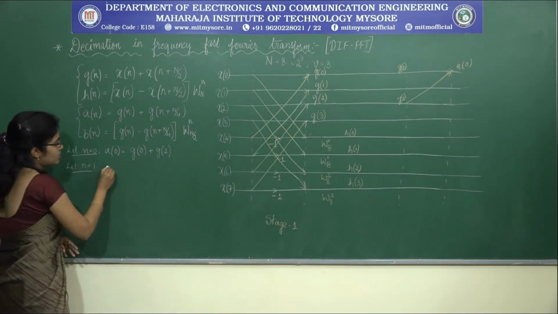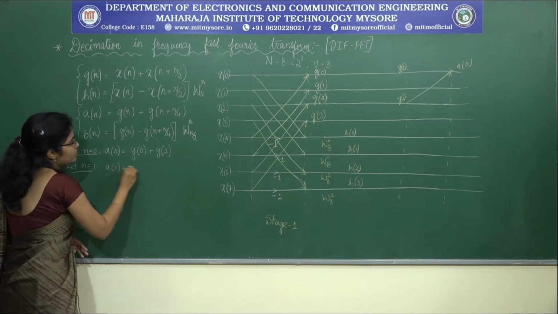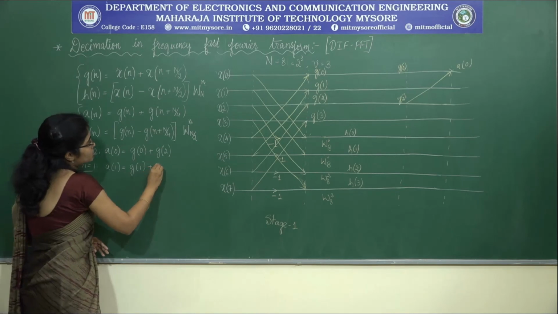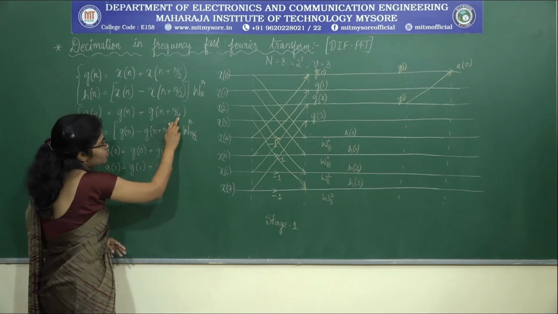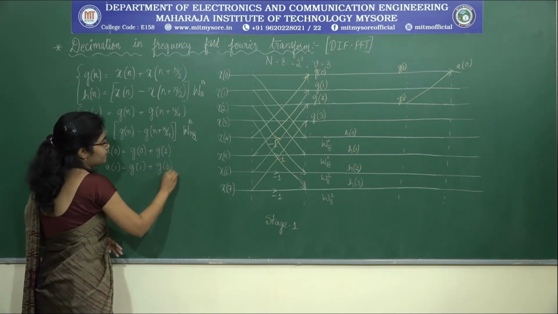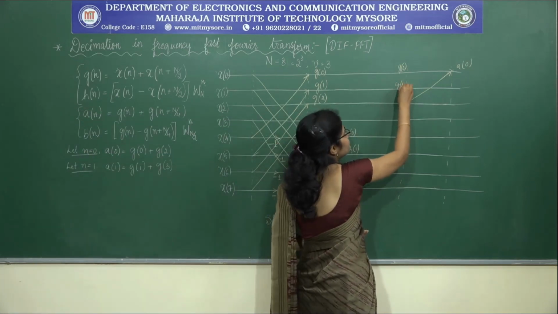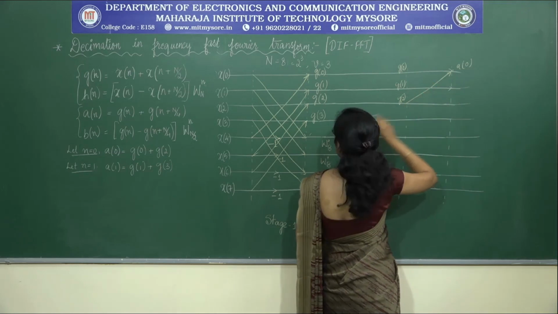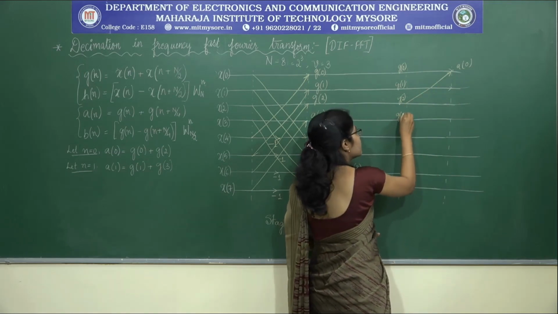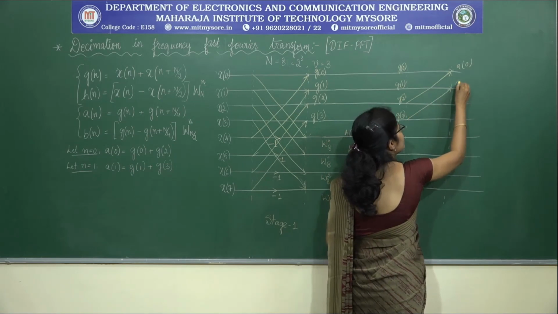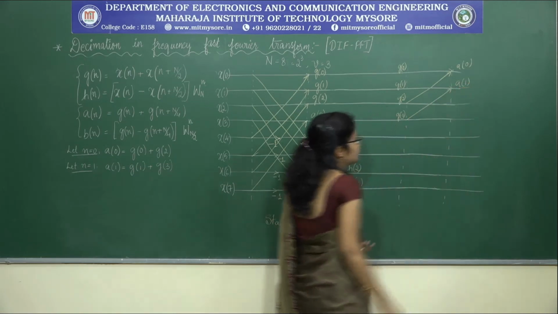Similarly, if n is equal to 1, a of 1 will be equal to g of 1 plus g of 1 plus 8 by 4, which is 2, and 2 plus 1 is 3. Okay. So g of 1 is at this particular point, fed to this point. Again g of 3 is here, which is fed to this point and gives us a of 1.